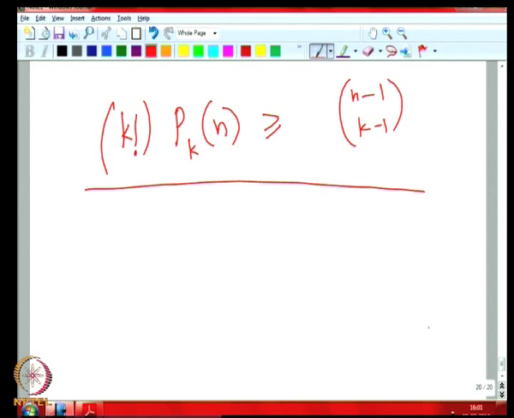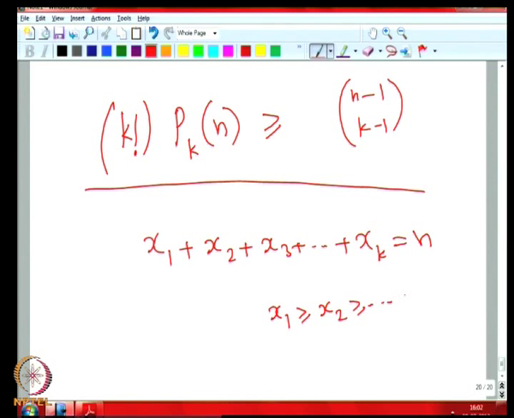This comes from the fact that pk of n is the number of solutions of the equation x1 plus x2 plus up to xk equal to n, where the order does not matter. That means that changing the order will not give a different solution. We also put the condition that x1 is greater than or equal to x2, and so on down to xk, and everything has to be at least 1.